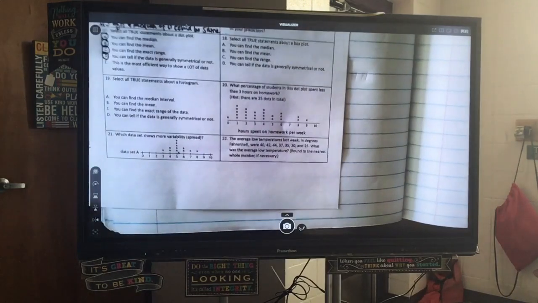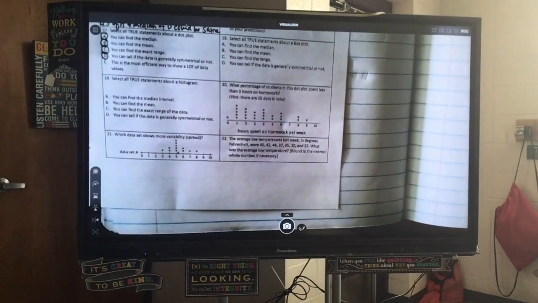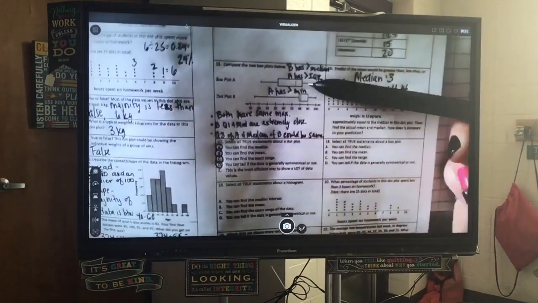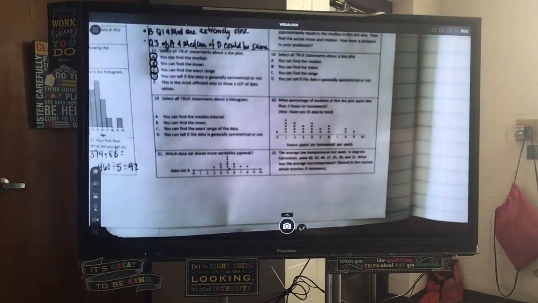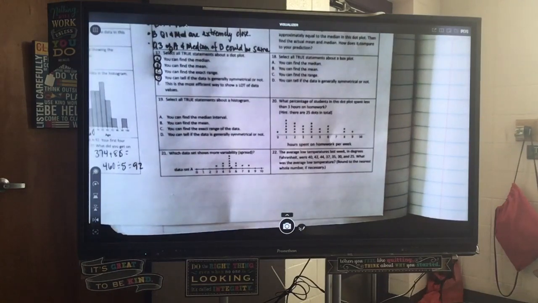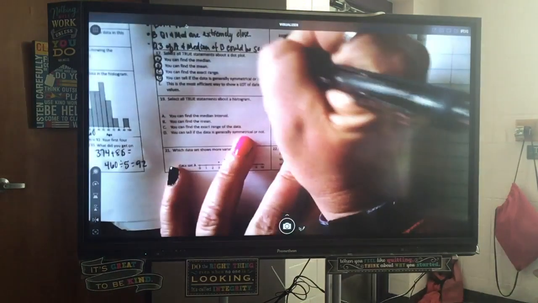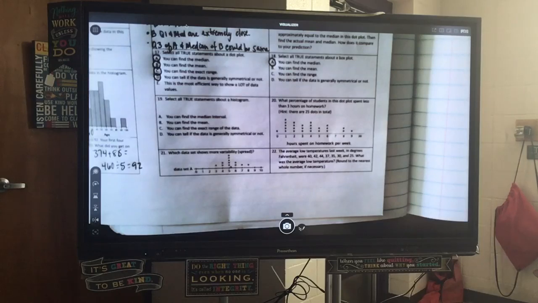All right, so select all true statements about a box plot. So remember, a box plot is this thing. So stand up if you circled you can find the median. Okay, that one should definitely be circled. All right, have a seat. Stand up if you said you can find the mean. Why is this one not working?